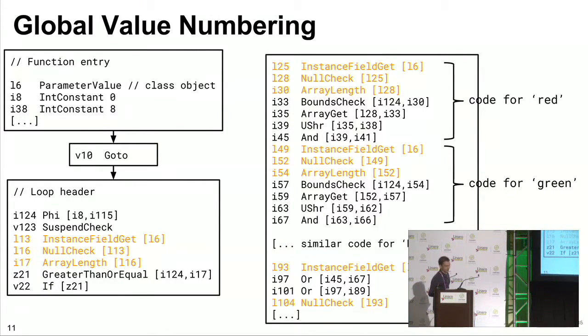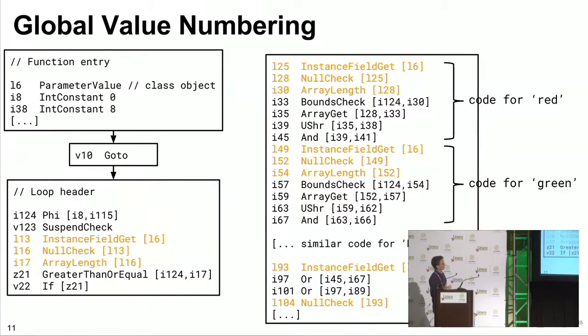But we'll see on that. So the GVN pass, the global value numbering, will be used and will be able to remove some IR. Here, it notices that all these instructions in orange actually perform the same thing. These are the same instructions on the same inputs, or equivalent inputs. For example, if you look at the instance field get, that's the first one of all these orange blocks, it always gets the array value from this pointer.